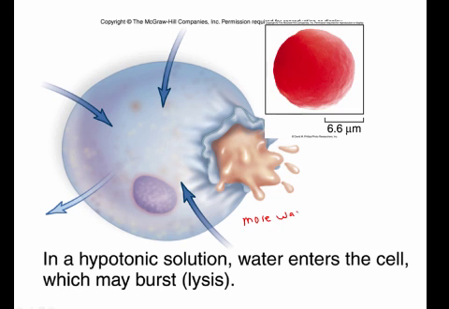So if you place a cell in a hypotonic solution, the net movement of water is into the cell. And this cell will take on water, it will swell, it can eventually even burst, which is called lysis. If you look up in the top right-hand corner, this is a picture of a red blood cell which has been placed in a hypotonic solution. It has taken on water, swollen, and is about ready to burst.